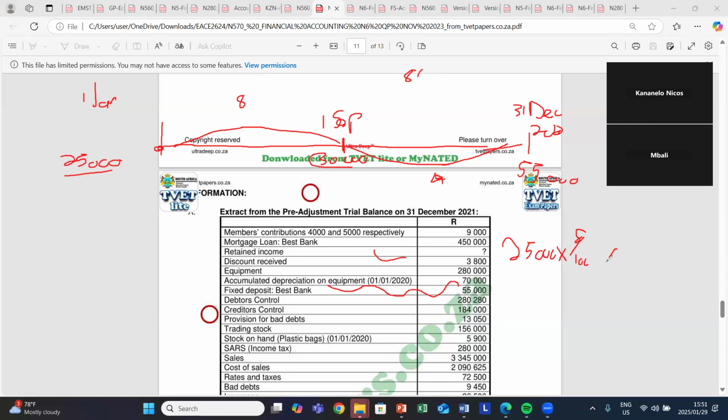We invested it for 8 months, therefore multiply by 8/12. And then we'll get our interest on fixed deposit before an increase, which is 1,333.